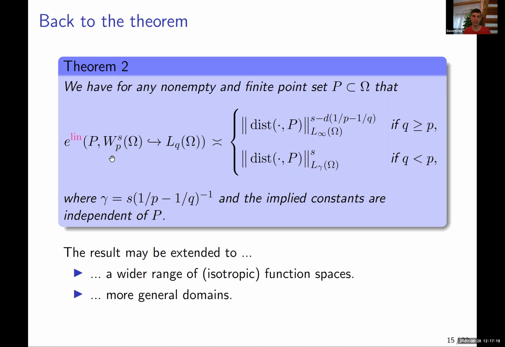So if we consider the intersection of the cube and the domain, then for every point in the set there has to be a small cone with vertex in the point that is still contained in the domain, and the radius has to be at least proportional to the radius of the cube. That's what we need. And this is where we use the convexity. This is one way to ensure this property. But there are other ways.